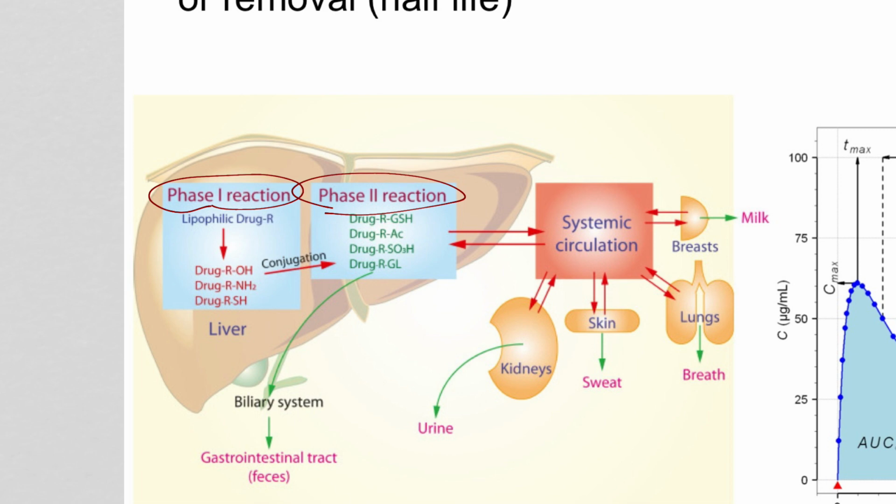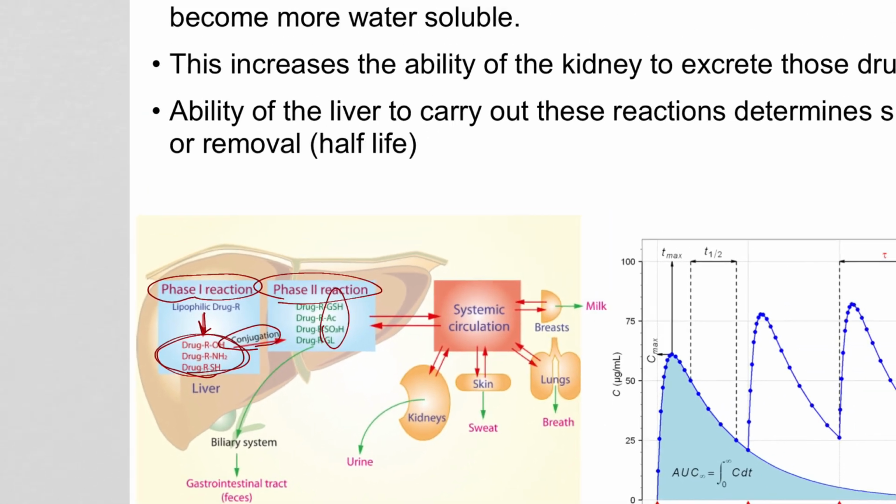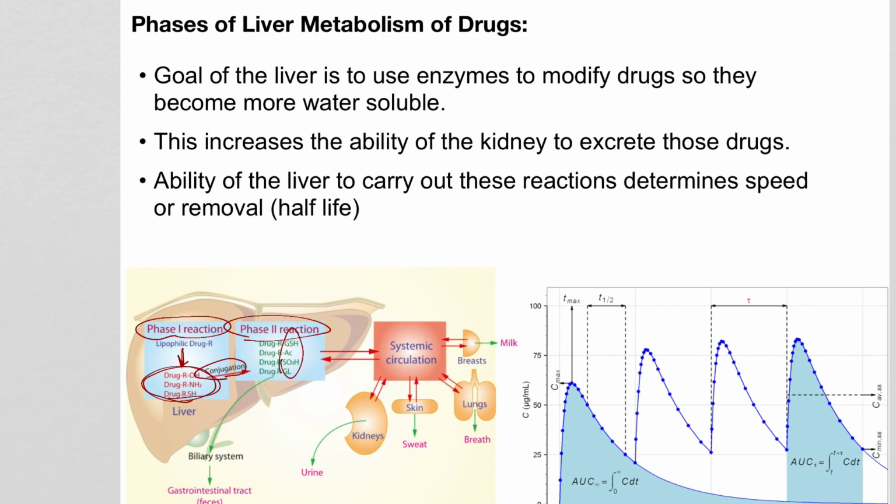But the idea is phase 1 reactions make the drug reactive in some way. Right? So we add functional groups like alcohols or sulfur groups to make the drug reactive so that it's easier to conjugate them with either acetyl groups or glucoses or anything that is highly polar and water soluble. Because the end goal of all this is we want the molecule that leaves the liver to become as water soluble as possible.